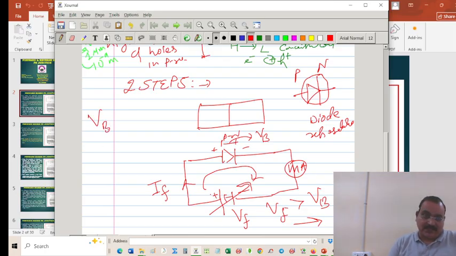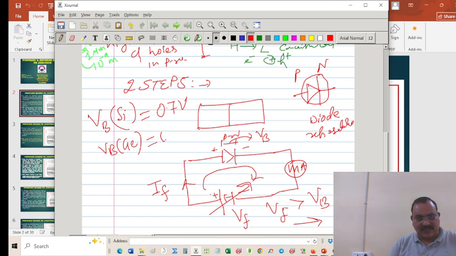The barrier voltage for silicon, if you are using silicon as the material, is 0.7 volt. In the next point I will explain this. And if you have germanium as the material, the barrier voltage is 0.3 volt.